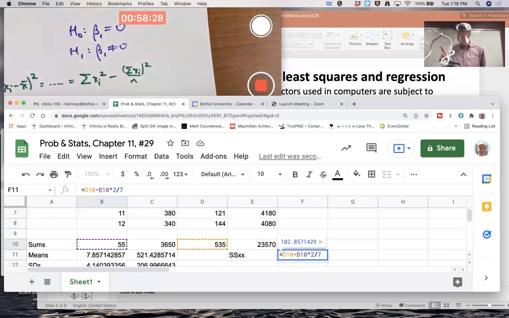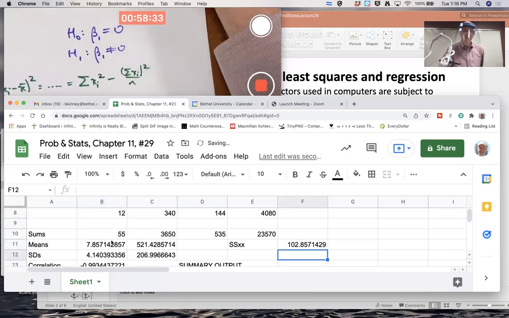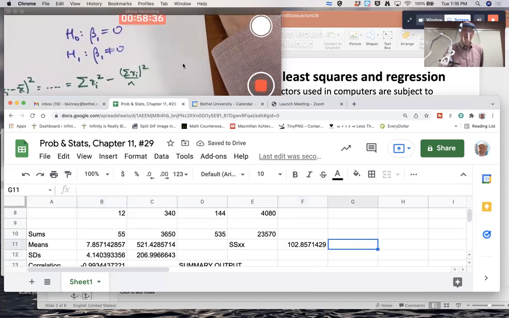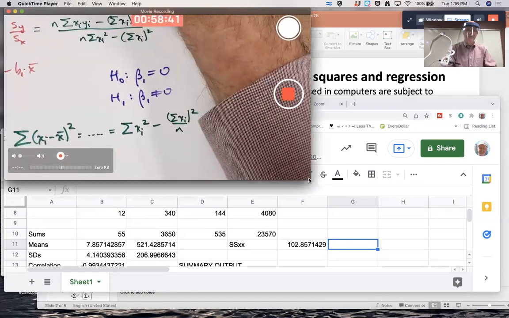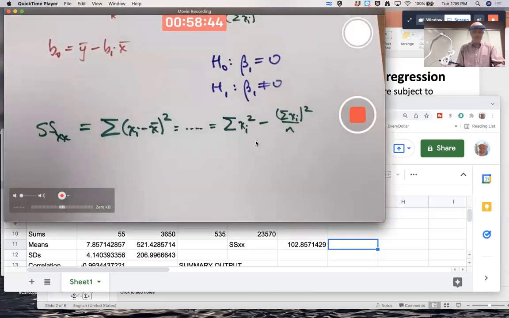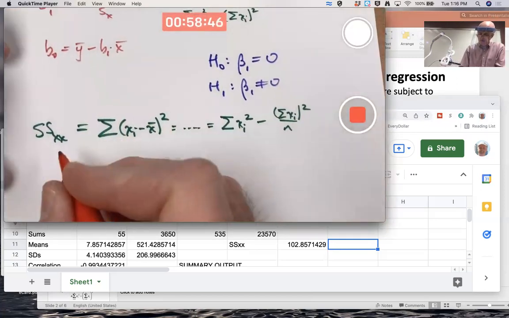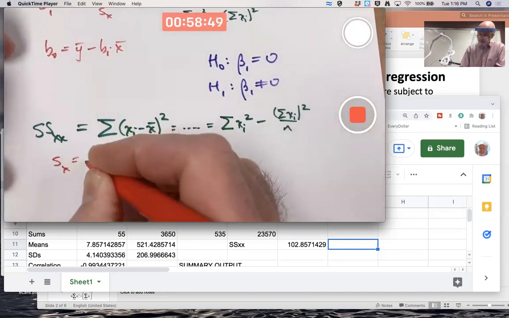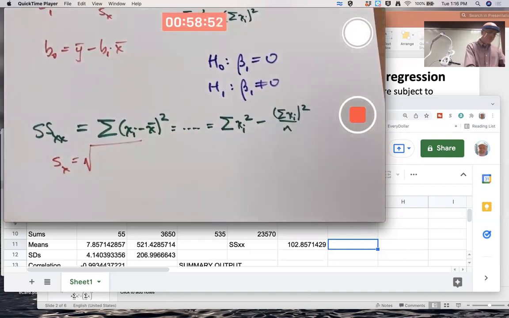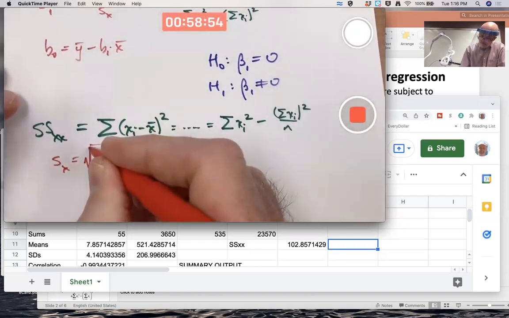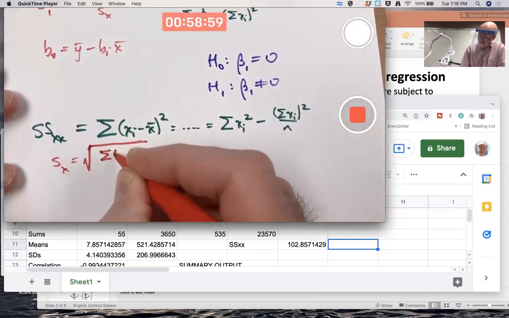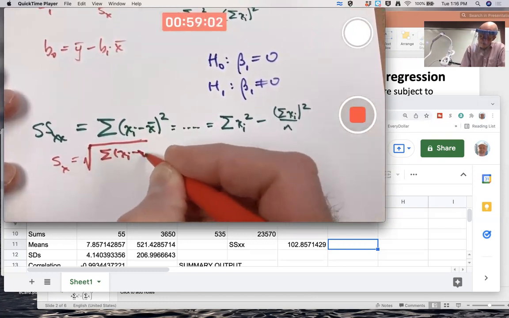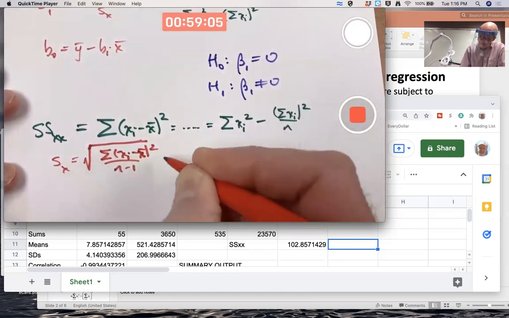There is actually another way to find this. Let me mention the other way. The formula for SSxx is related to the formula for the standard deviation of the x's. The sample standard deviation of the x's is the square root of the variance of the x's, and the variance of the x's is this summation, which looks really familiar, divided by n minus 1.